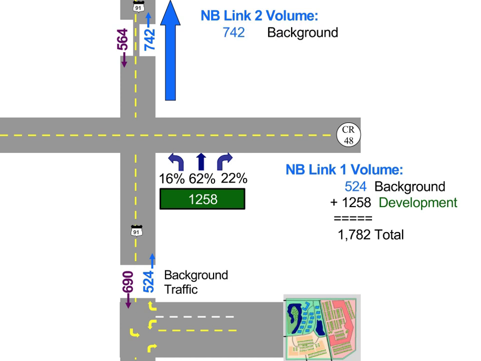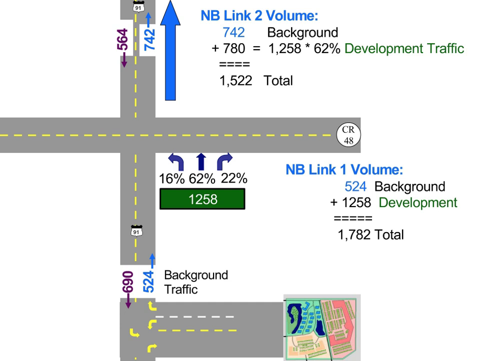So you see in this case, we had 62% of the 1,258 development trips going north. Then we have that background of 742 and 780 equaling 1522. And you do the same for the other direction.